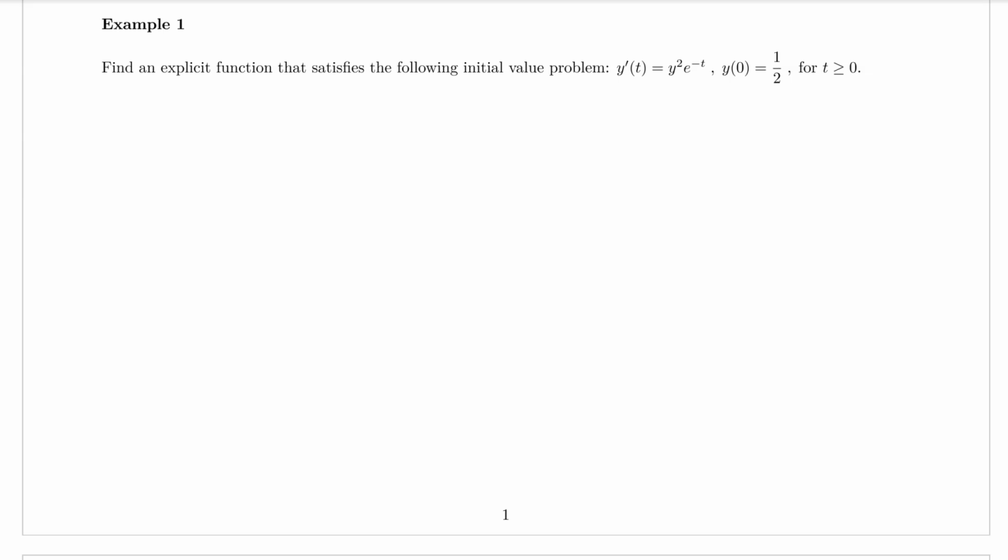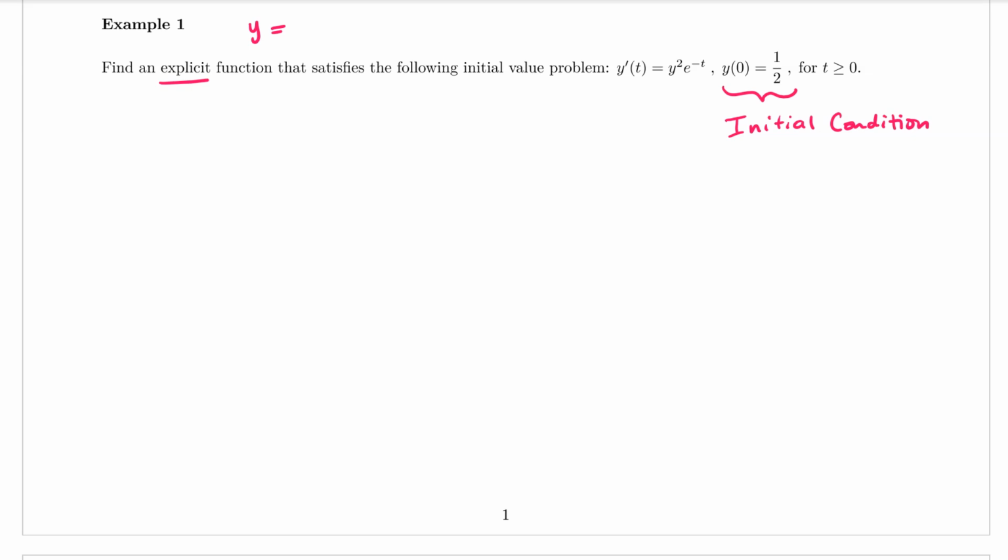Now, if you don't remember, this is called an initial condition, and we are given an initial condition so that we may solve for a particular solution. It asks for an explicit function, which means that we want our solution to be in the form y equals something.